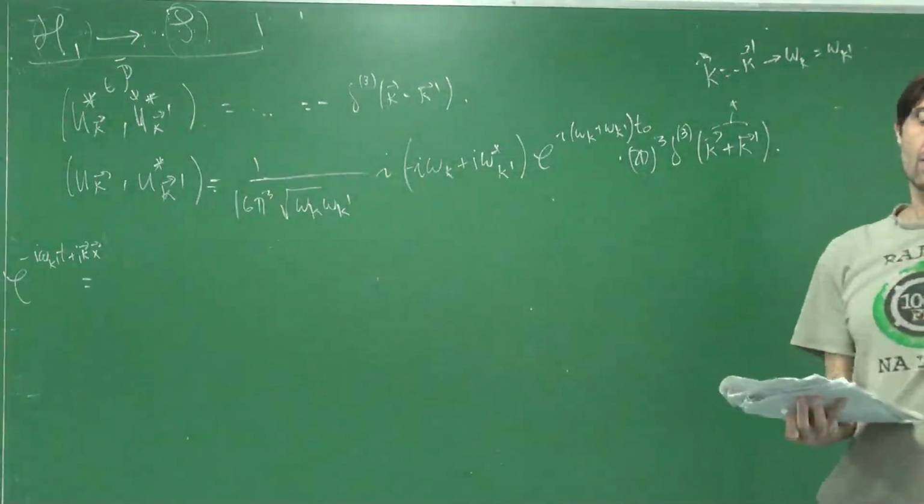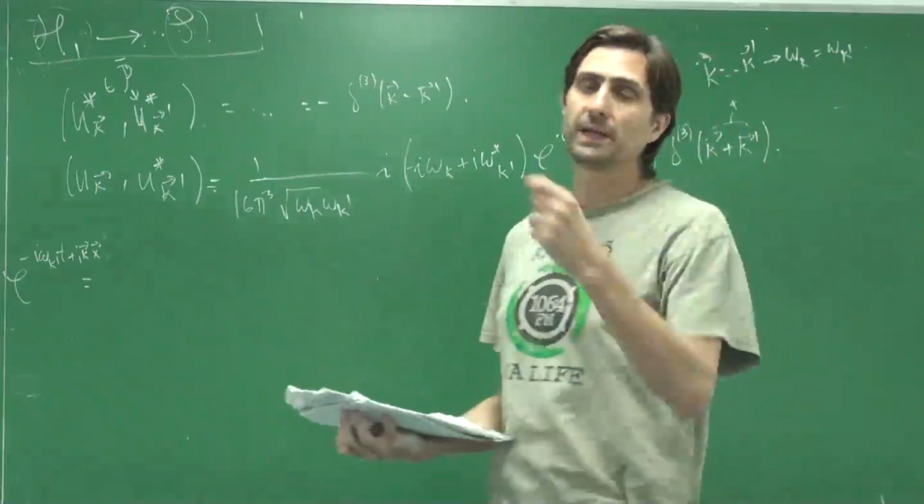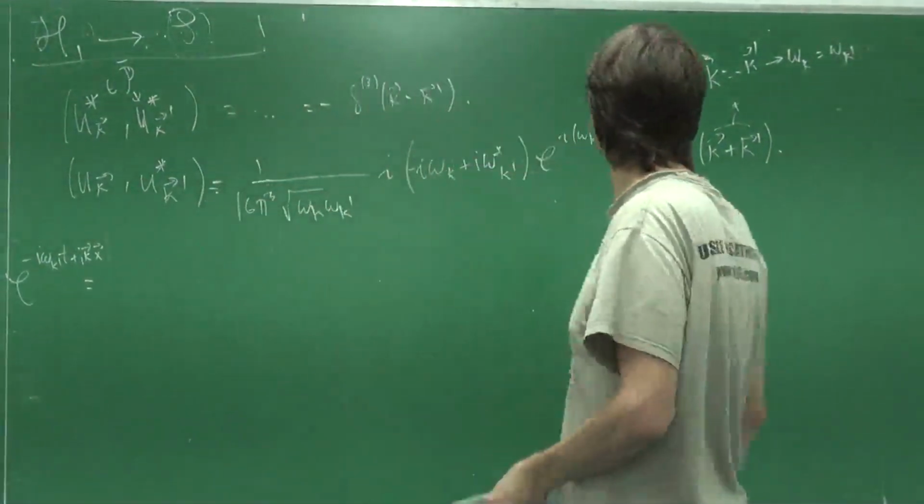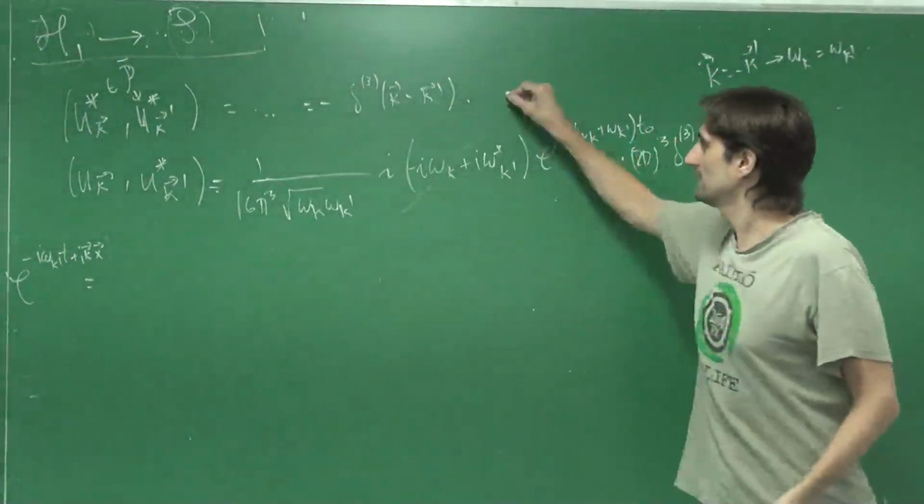Omega K is only dependent on the modulus of the vector K, not on the sign of it. So that tells you that this will be zero.